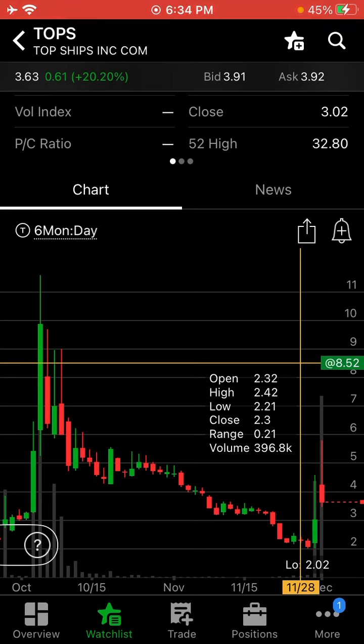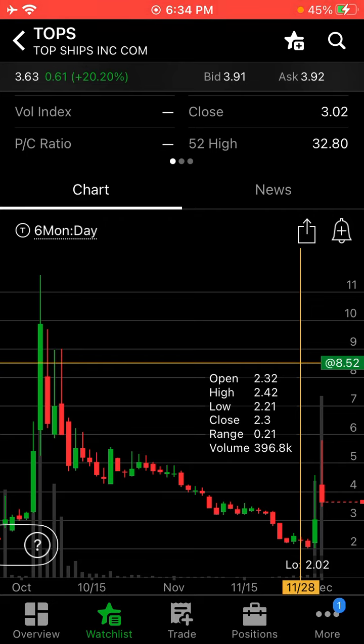Okay, so this is basically what float rotation means and why you want to know if the stock is rotating through its float a lot or not. You want to have an idea, does the stock have a potential to spike a lot?